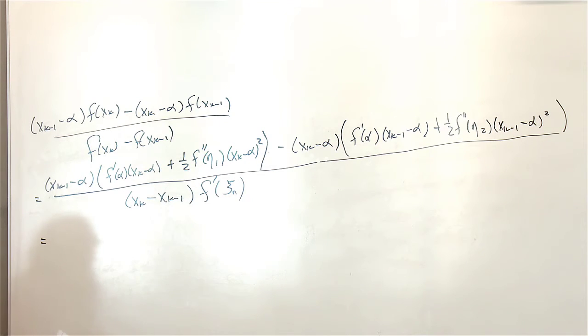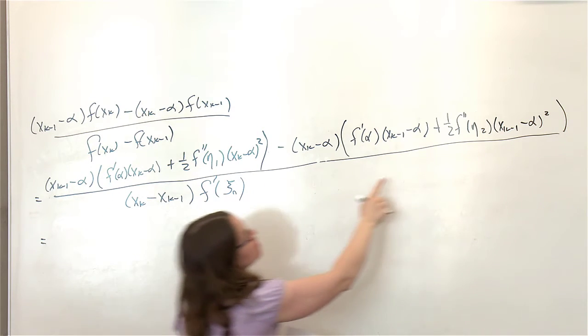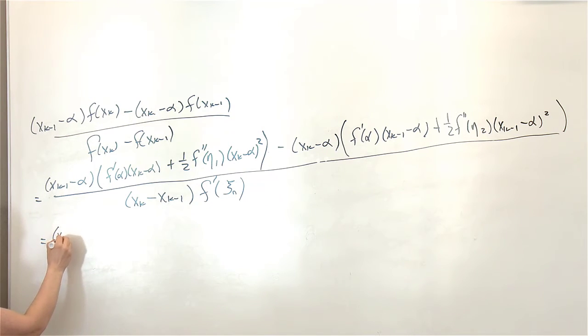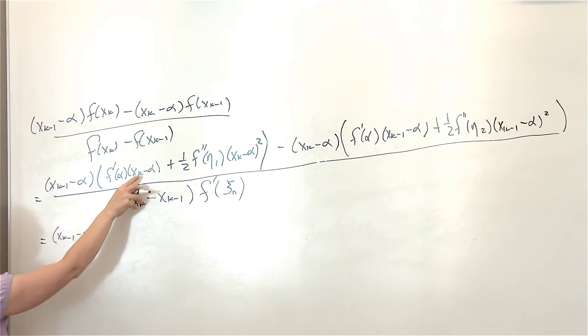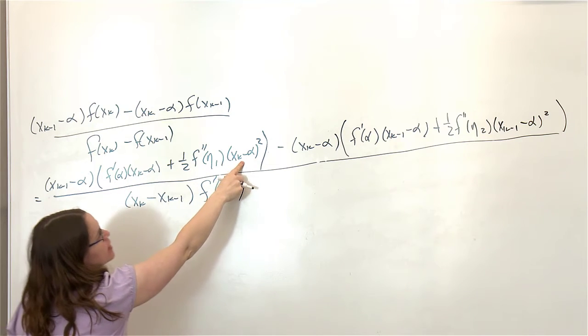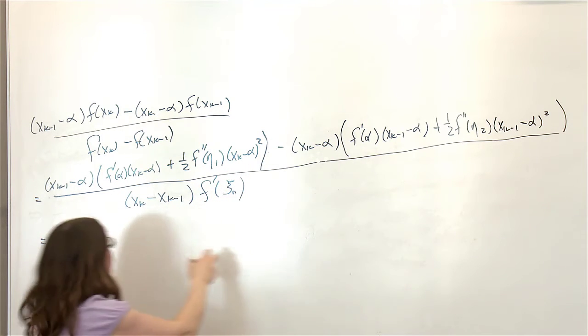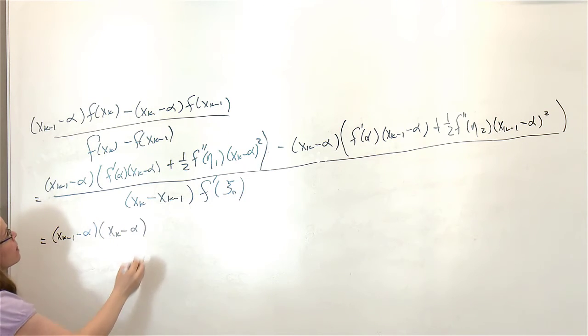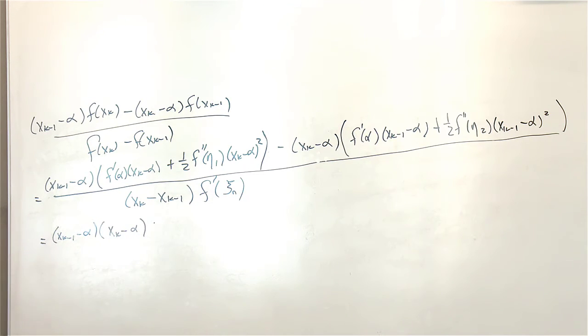What do I get at the end of the day? I get an xk minus alpha term that's common to everything, and that I can factor out. Okay, and then what's left?